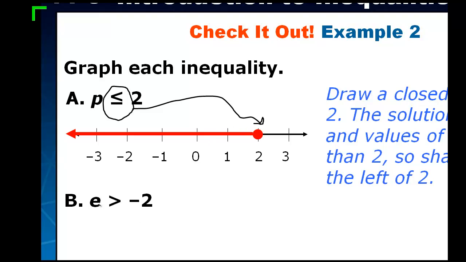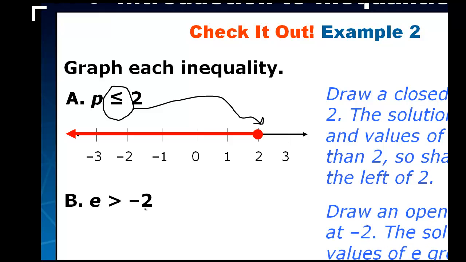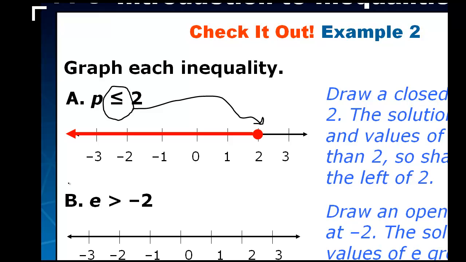Here we have E, it's bigger than -2. What we will do? We will draw first the number line. We will go for -2 and draw an open circle, because this one is without equals. It's only bigger than -2.